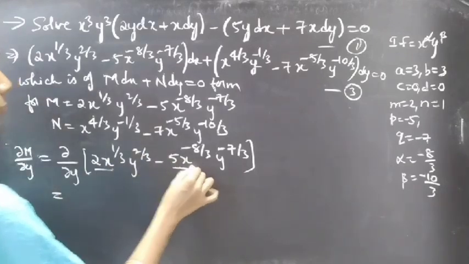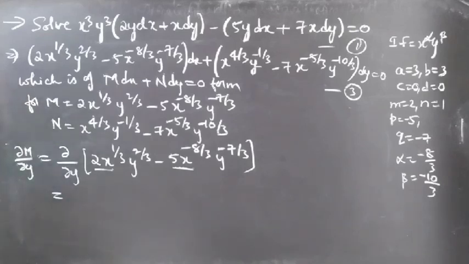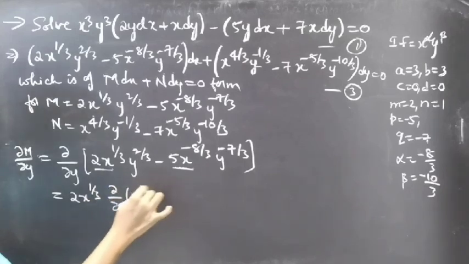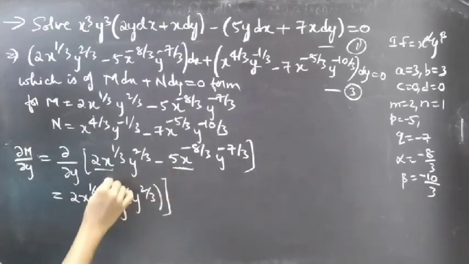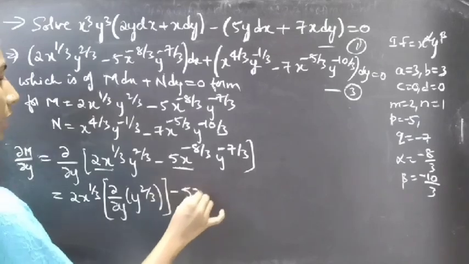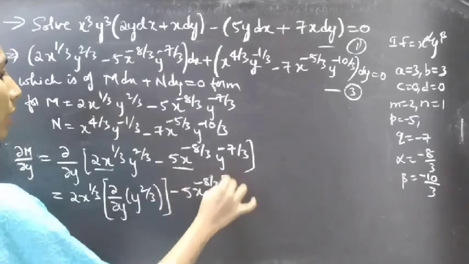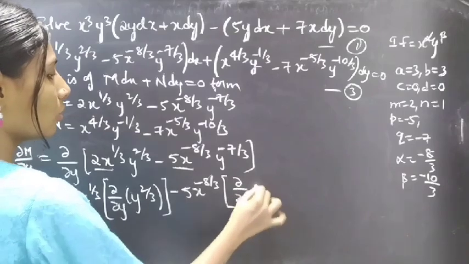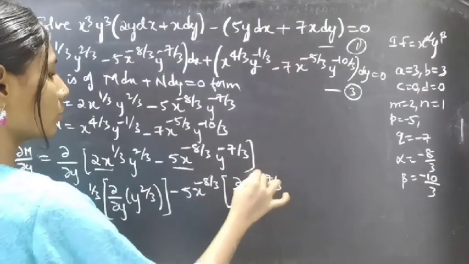In the second term minus 5 x power minus 8 by 3 is treated as constant. So we can write it as 2x power 1 by 3 into partial derivative of y power 2 by 3 with respect to y, minus constant 5x power minus 8 by 3 into partial derivative of y power minus 7 by 3 with respect to y.